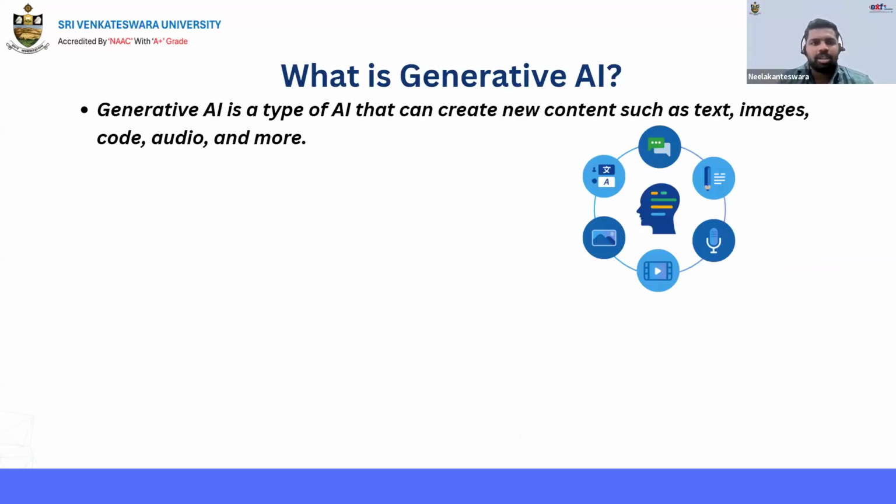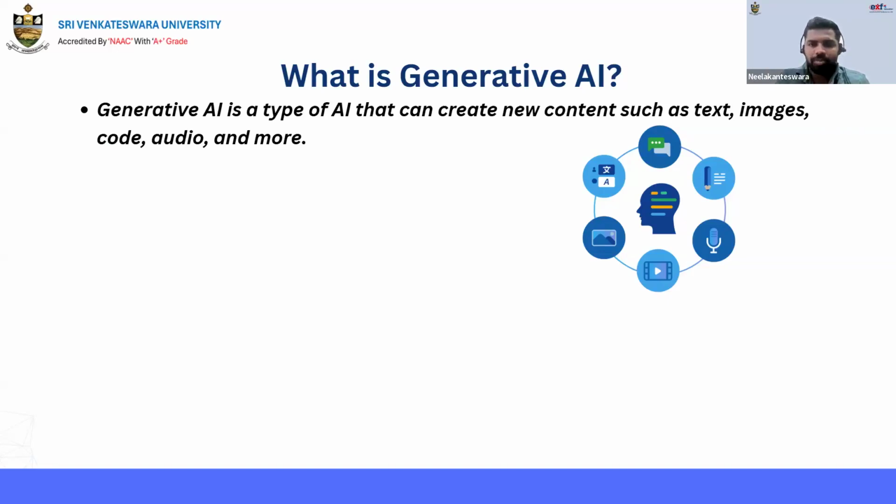New content means any text, images, code, audio, videos, whatever it is. It creates a new thing. The term itself says generative: it generates new content. That is nothing but generative AI.